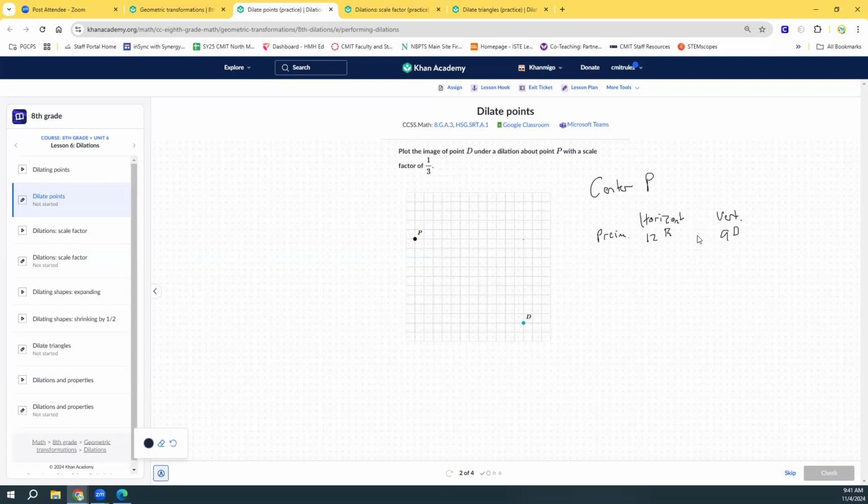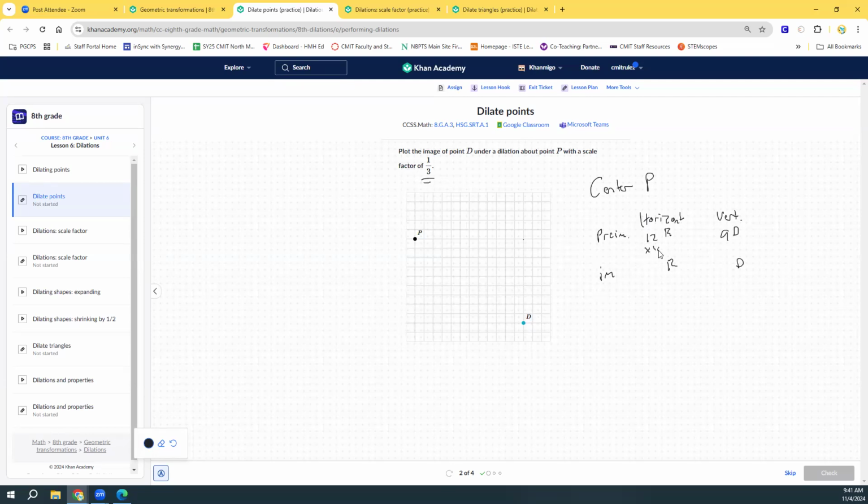So our image is still going to be right and still going to be down, but we're going to take those numbers and multiply them by the scale factor. Our scale factor is 1/3.